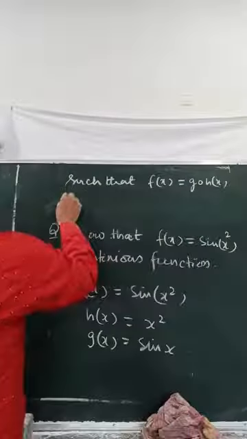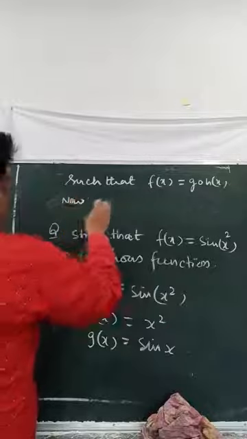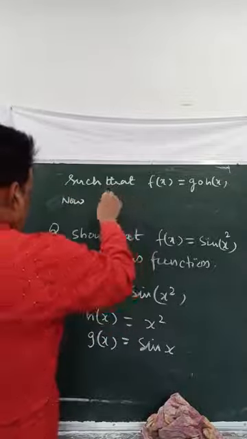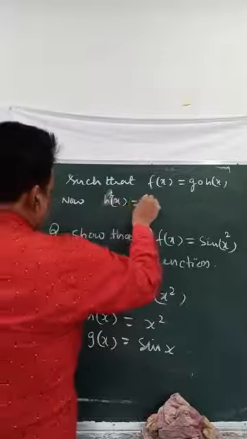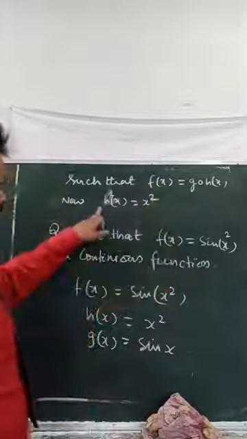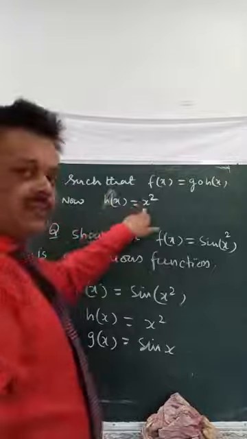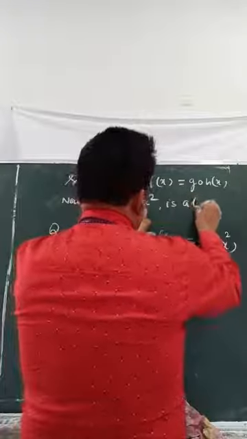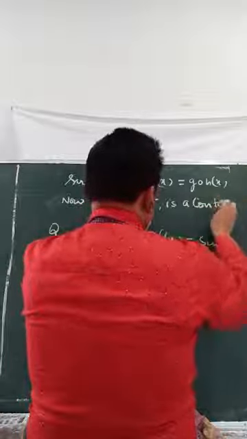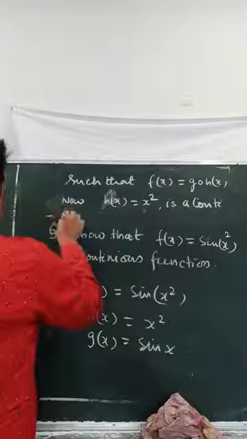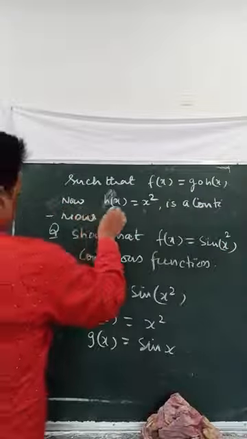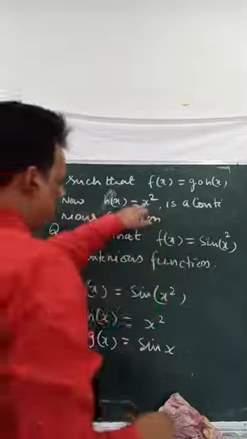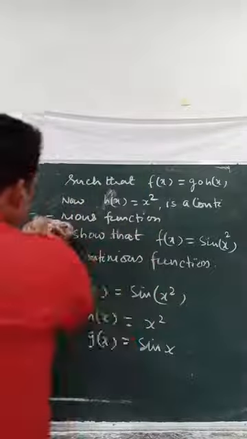So now h(x) equals x square. H(x) equals x square is a continuous function. It is a continuous function because this is a polynomial of degree 2.